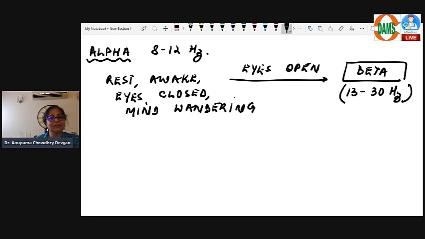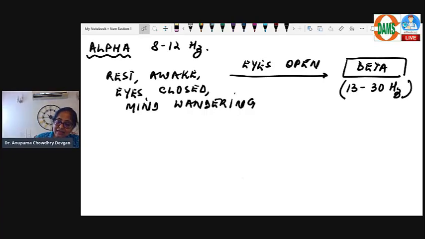The moment eyes are opened, it will be replaced by a beta rhythm. Beta rhythm is 13 to 30 hertz. And this alpha being replaced by beta rhythm is called the alerting response.